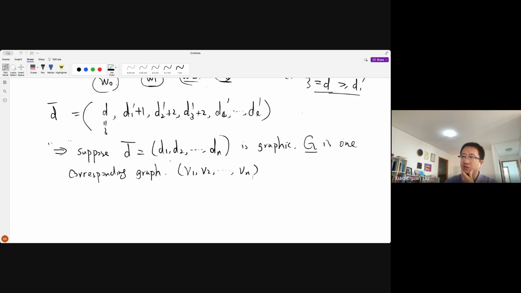Probably I also want to change the shape of G to continue my process, because from here it's still difficult to get a graph with this degree sequence. So let's look at V1.